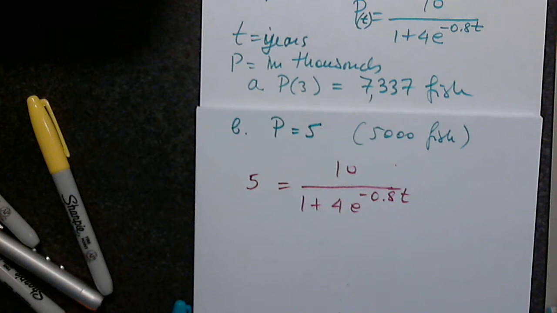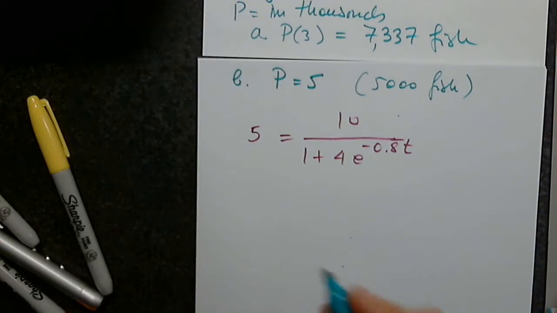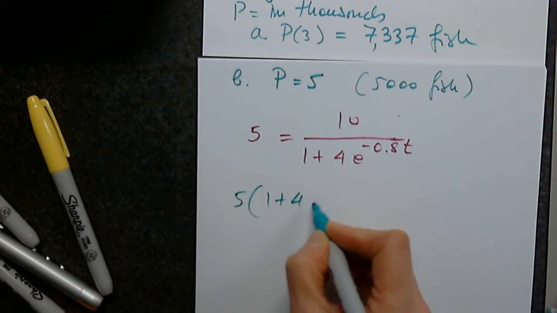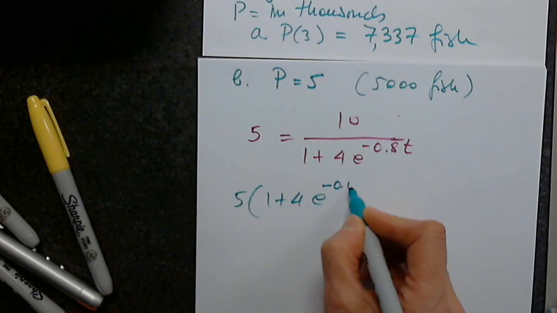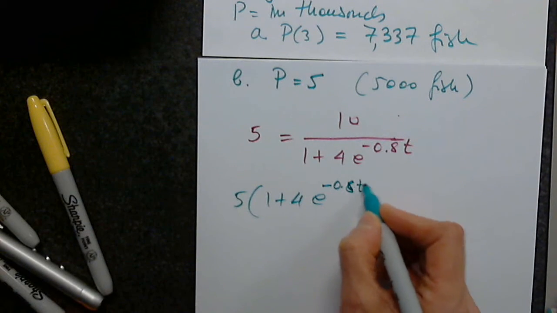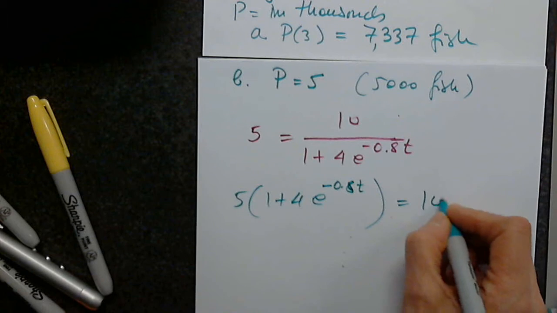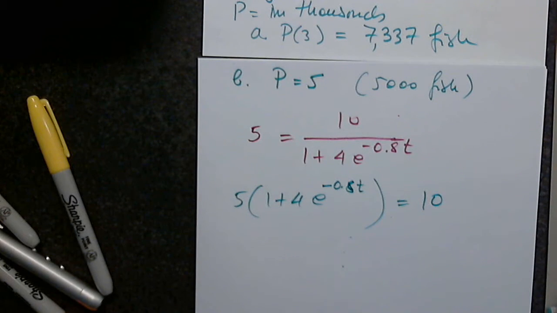Multiply. Exactly. First, I do not see the exponential part. First, I see the proportion part. So I have 5 times (1 plus 4e to negative 0.8t) equals 10. What now?